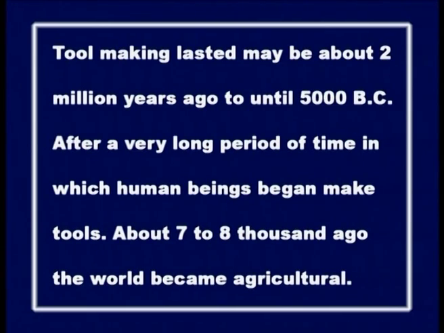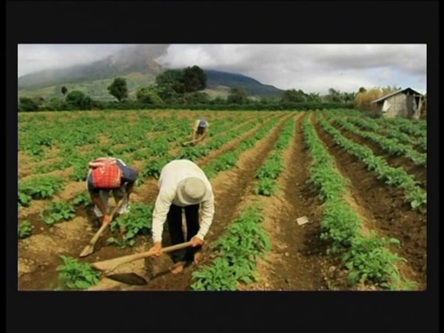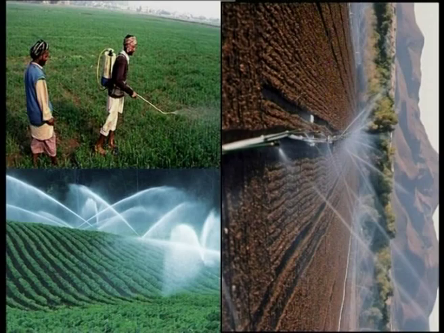About 8,000 years ago, the world became agricultural. So there came a technological era which could be considered the agricultural era. Between 5000 BC and 1700 AD, about 6,000 to 7,000 years, human beings were engaged in agriculture, developing the tools for agriculture.